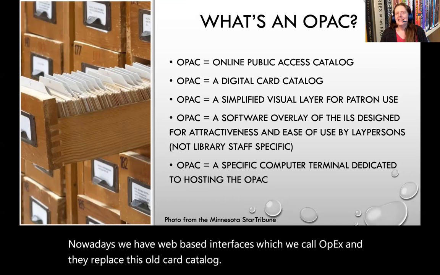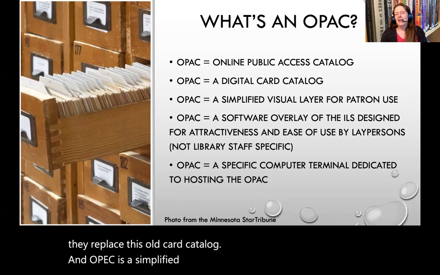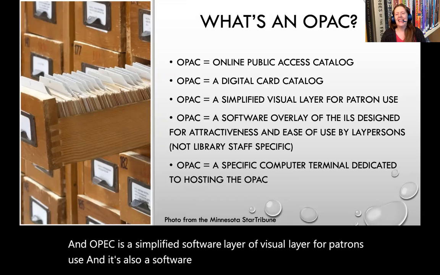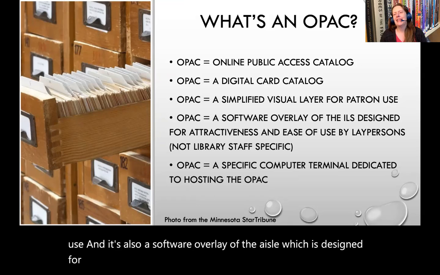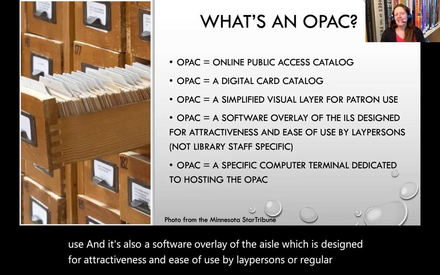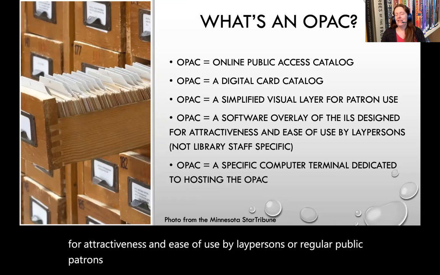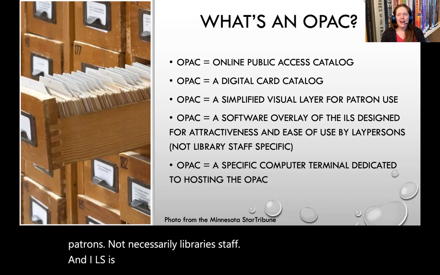An OPAC is a simplified software layer, a visual layer for patrons' use, and it's also a software overlay of the ILS, which is designed for attractiveness and ease of use by laypersons or regular public patrons, not necessarily library staff. An ILS is integrated library software or an integrated library system.